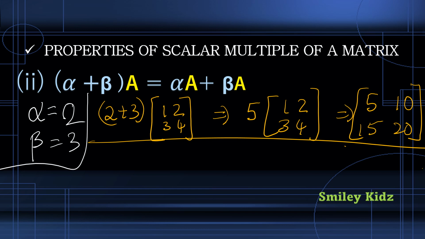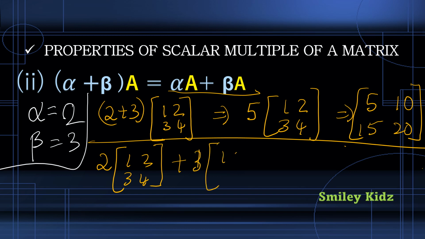Now if you put this in alpha A plus beta A, then it is going to be 2 into 1, 2, 3, 4 plus 3 into 1, 2, 3, 4. It's simply going to be the same result. Let's see how. So this is 2, 4, 6 and 8, right?